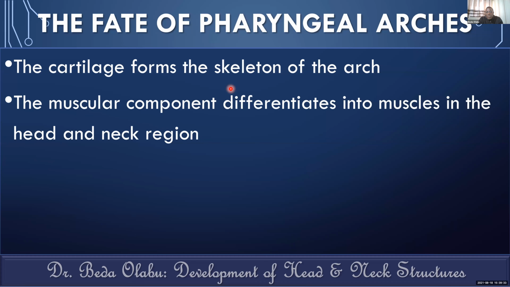The muscular components of the pharyngeal arch differentiate into those different muscles of the head and neck region, the muscles of pharyngeal arch origin. I'll be taking you through those musculature shortly.